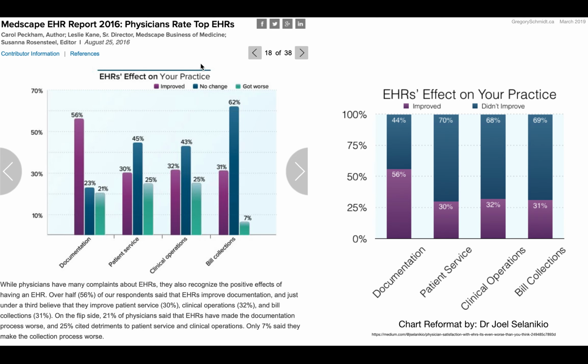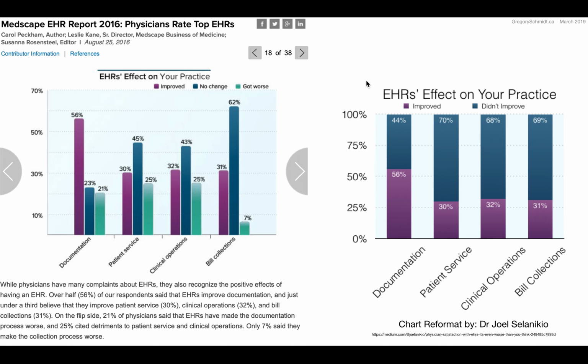And this is a very interesting question. When you actually go and ask physicians, what is the effect of an EHR on your practice, specifically in the areas of documentation, patient service, clinical operations, and bill collections, the overall summary is that maybe 30% of people suggest that it's improved their practice.